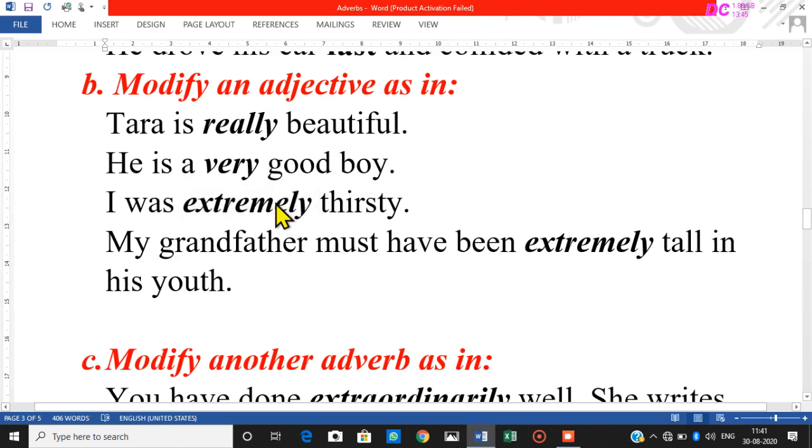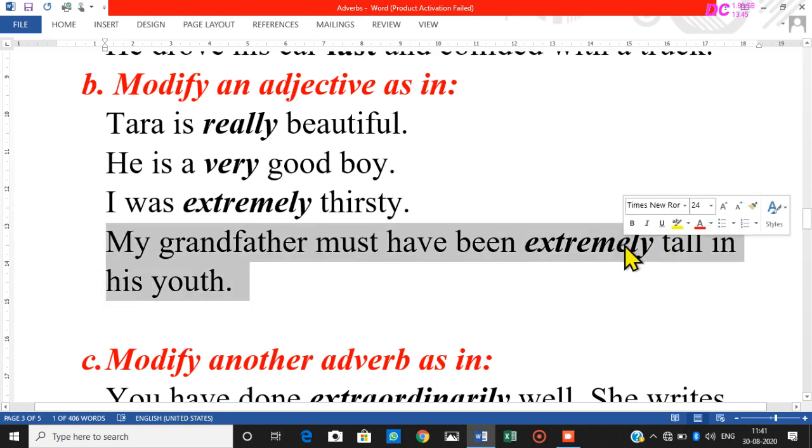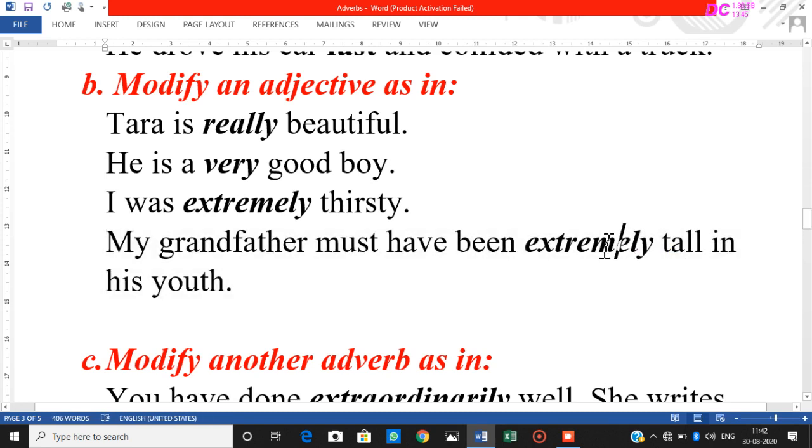My grandfather must have been extremely tall in his youth. Tall is an adjective. Grandfather must have been tall. Extremely tall, बहुत ज़्यादा लंबा. So the word extremely also modifies the adjective. So far we have learned that an adverb modifies a verb and an adjective.